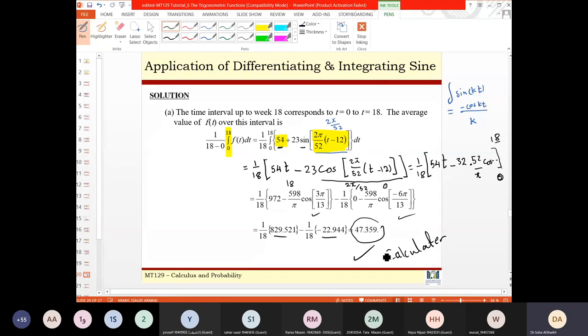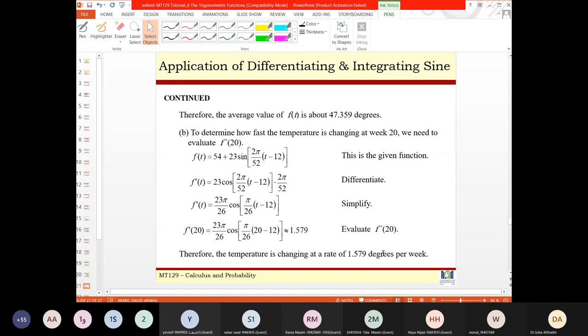How to find the cosine of 3 pi over 13, how to find the cosine of minus 6 pi over 13, and you must get the same answers, which will be the average temperature. Average temperature in week 18.